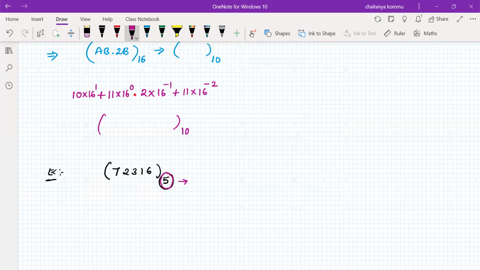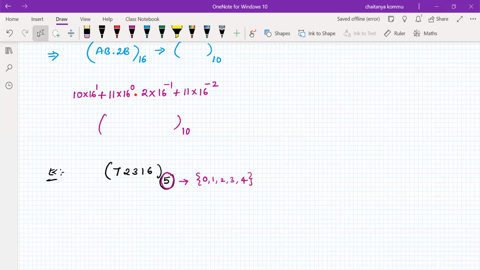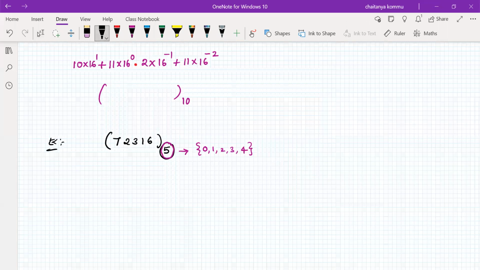What are those digits? 0, 1, 2, 3, 4. Only these 5 digits are accepted in a given number. If the given number has any digit other than these, we say that it is not a valid number. Observe: the first digit is 6. Is 6 there in this number system?